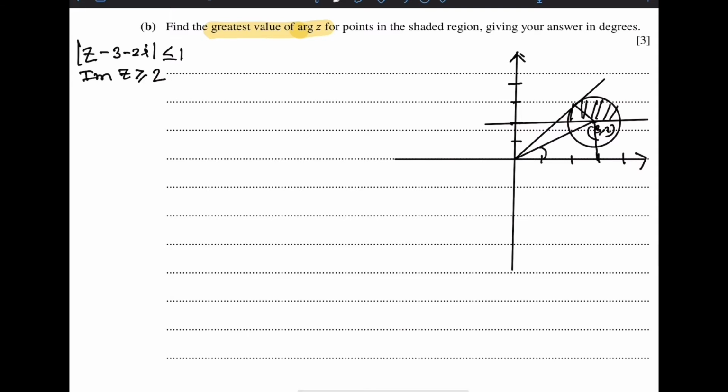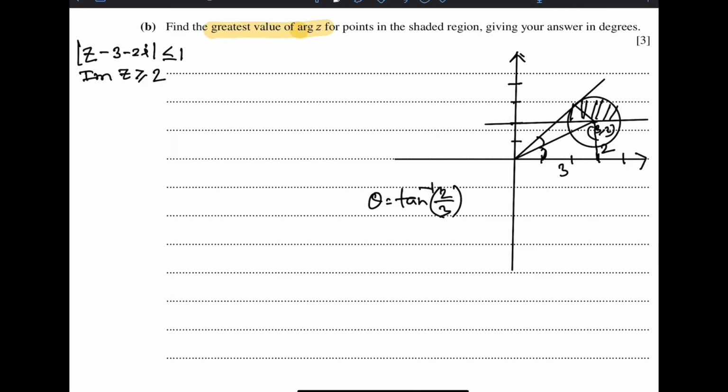Let me find out this angle first. This is 3, this is 2. So this angle theta equals tan inverse 2 by 3. Then let me find out this angle.